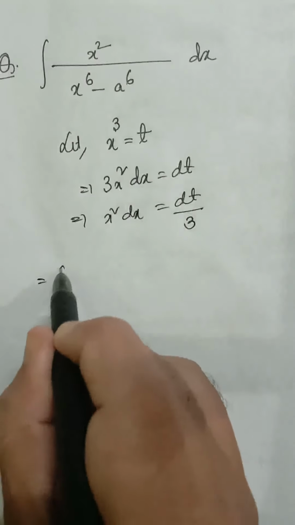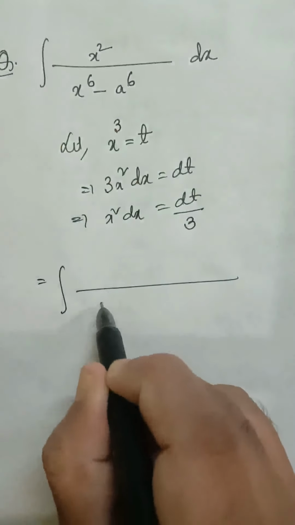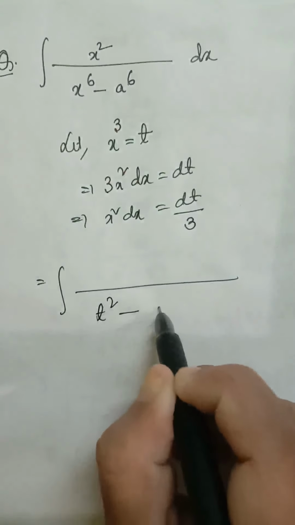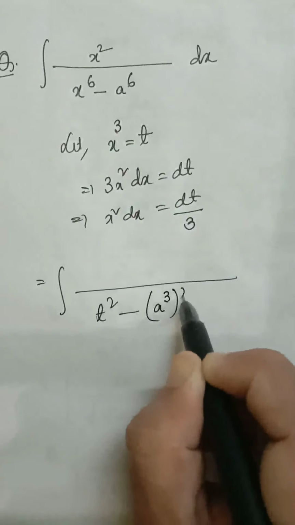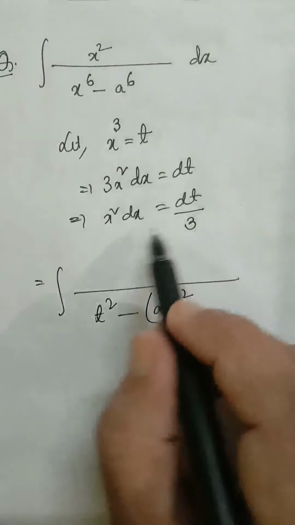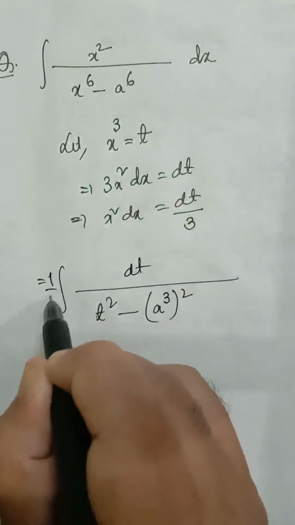So if x cube equals t, x to the power 6 will be t square, minus a cube whole square. And x square dx is dt by 3.